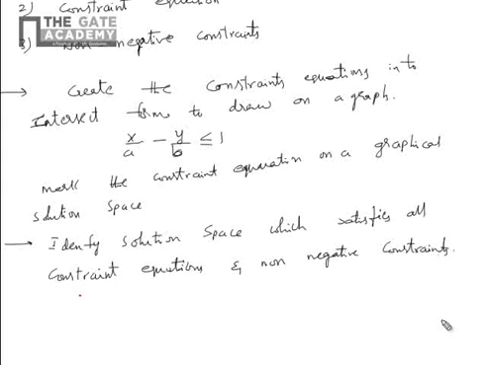Obtain the corner points of the graphical solution space. The corner points of the solution space are the initial basic feasible solutions.